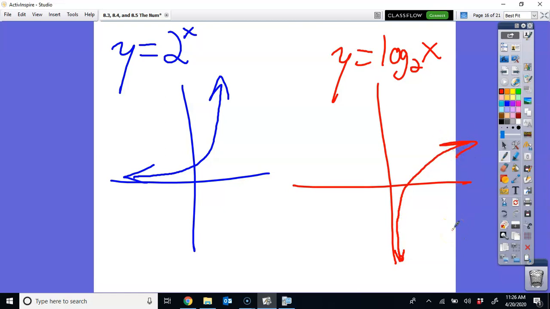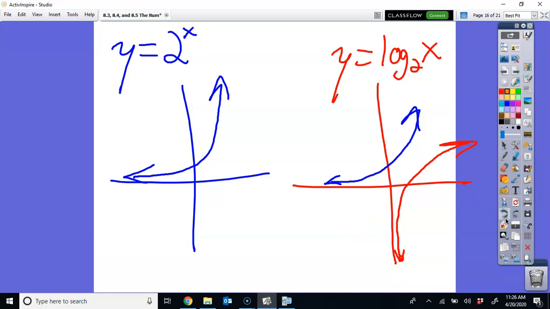This is the characteristic shape of a logarithm because it is the inverse of exponential. Remember, it is going to reflect across the line y equals x. That's what inverses do. You switch the x's and y's.